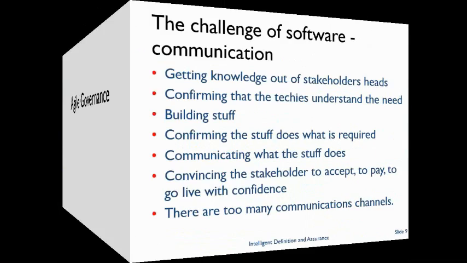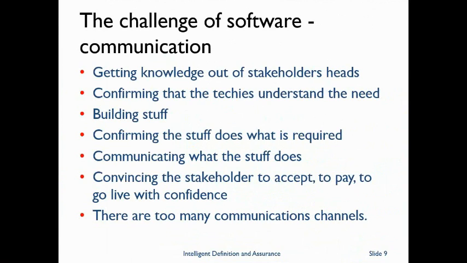So let me move on to what I understand to be agile governance, and let me speak briefly about what I've called the challenge of software and communication in particular. You could summarize the difficulty of building useful, valuable software products of high value and high quality with some of these bullets.